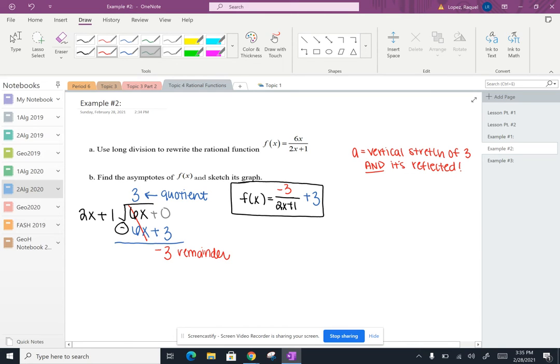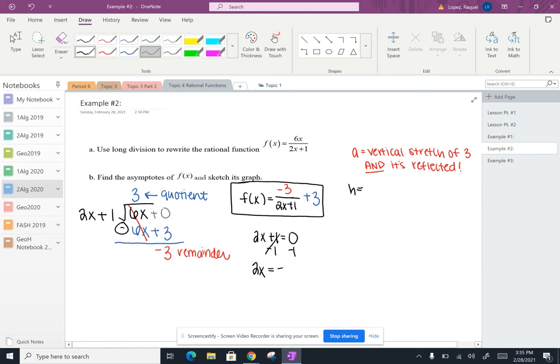Okay. The next thing we want to do is find how it's shifted left or right. So h. Okay, so now here is where things get just a little different because we've got 2x plus 1 in our denominator. So to figure out what our vertical asymptote is going to be, we know our denominator cannot be 0. So what we're going to do is set 2x plus 1 equal to 0 and figure out what x would be.